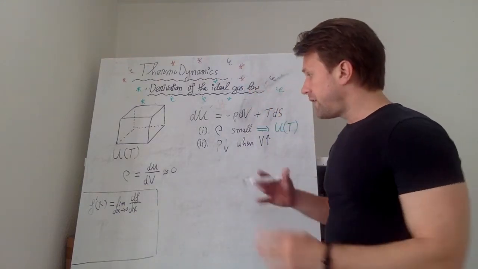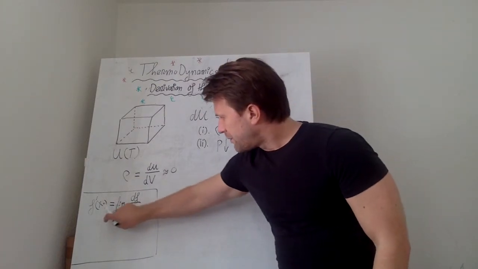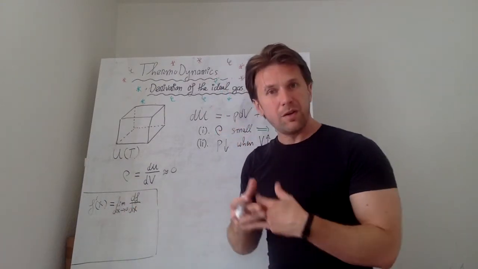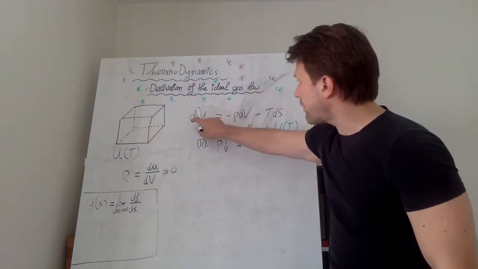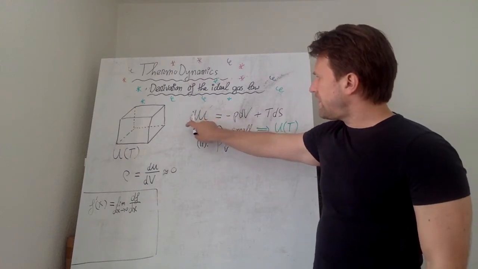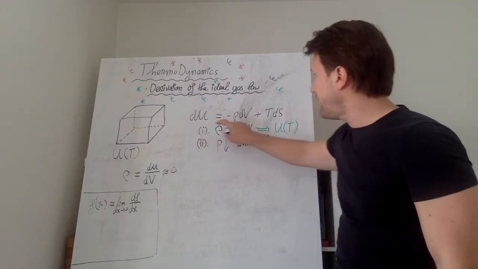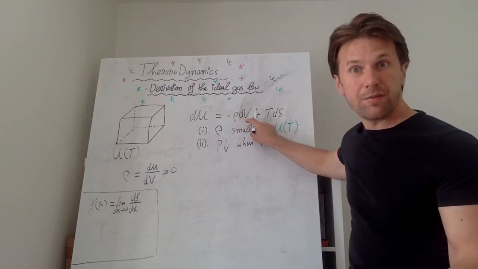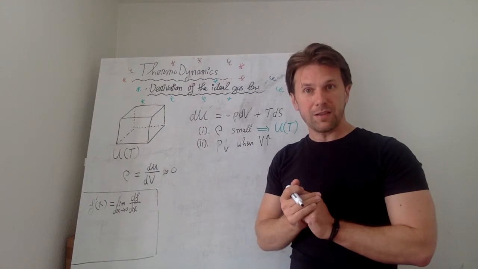So, what's the difference between a fraction and a derivative? It's this limit thingy that you have to divide by small numbers. Now, go back to the first law of thermodynamics over here. Here it says du, a small change in the function u. Here it says dv, a small change in the function v. Here it says ds, a small change in the function s.